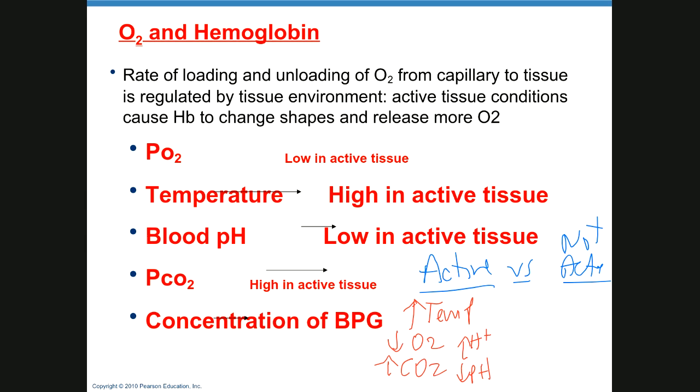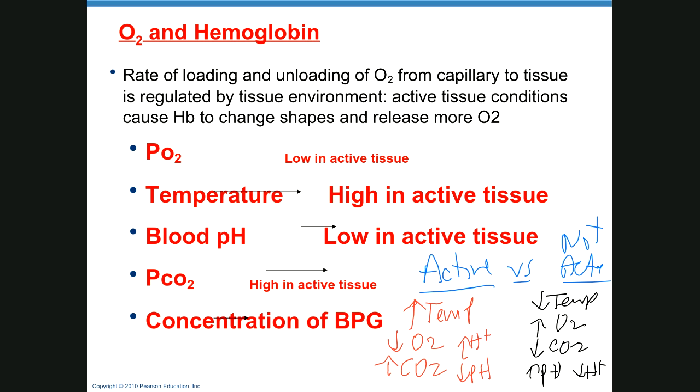On the other hand, not active tissue is going to have a lower temperature, more oxygen because it's not being consumed, less waste, higher pH, which means low hydrogen ions.